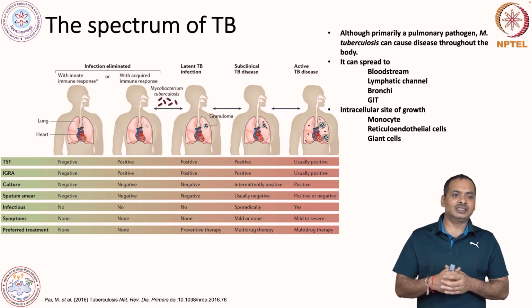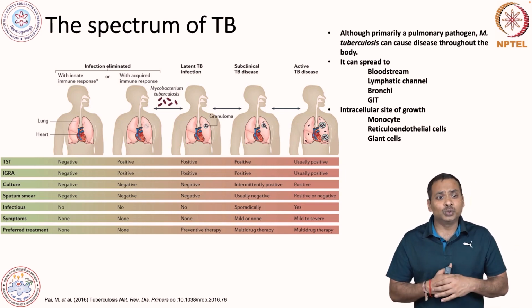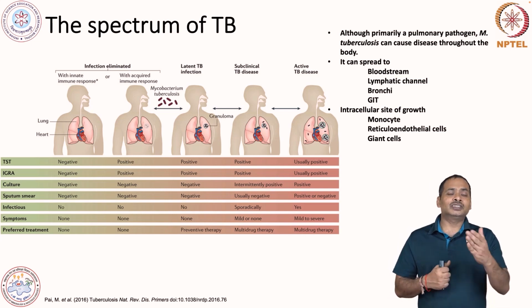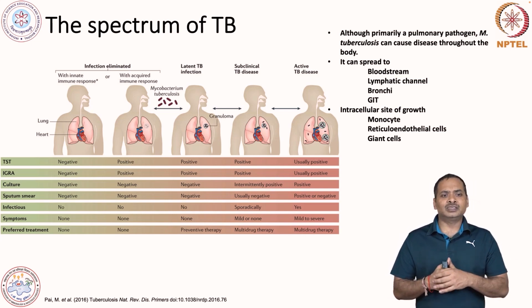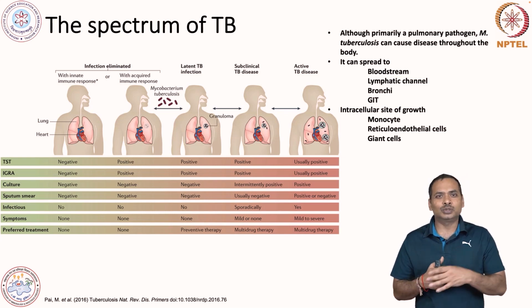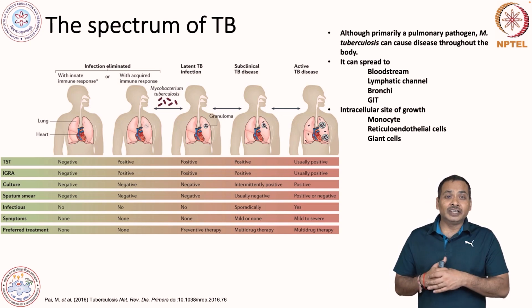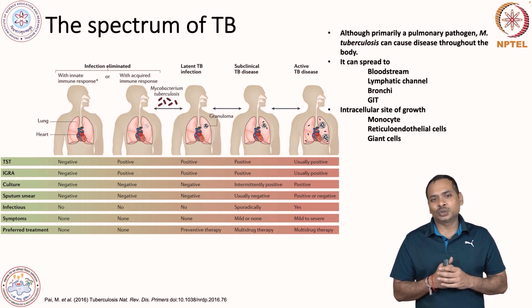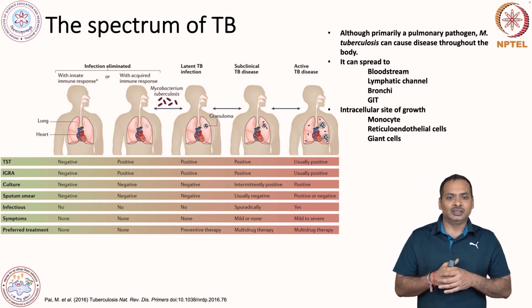Here you can see that, let's look at the sputum smear. In the case of infection which is eliminated, this will not show a positive result. In sputum there will be a negative. Even latent tuberculosis will also not show positive acid fast bacilli.